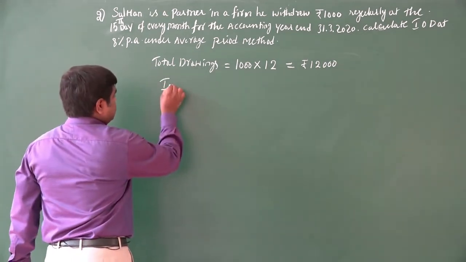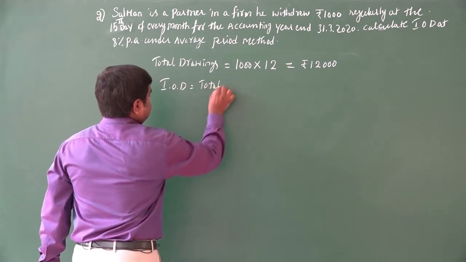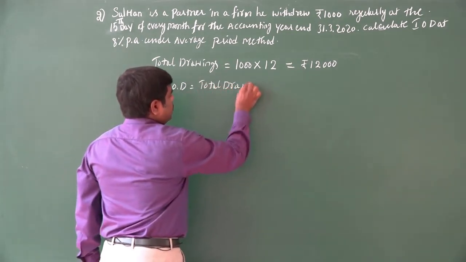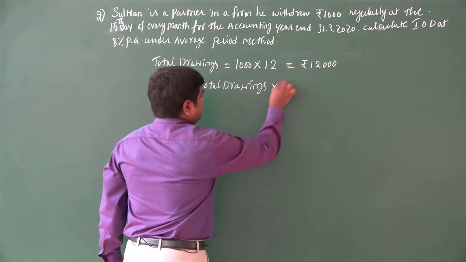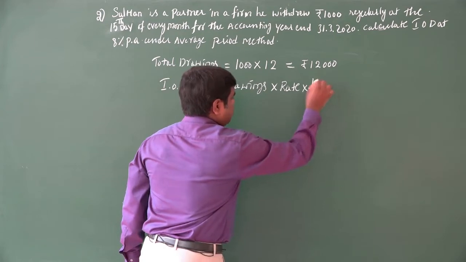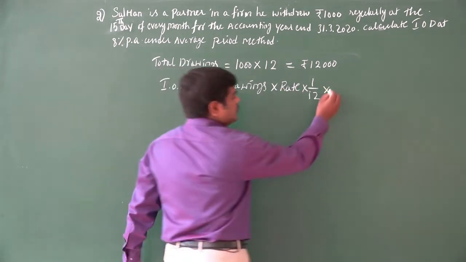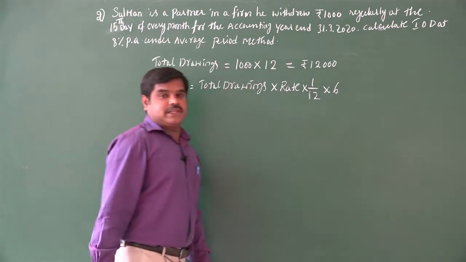Next, interest on drawings is equal to total drawings into rate into 1/12 into average period. This is common for all the average period methods. At the middle of every month, the average period is 6 months.